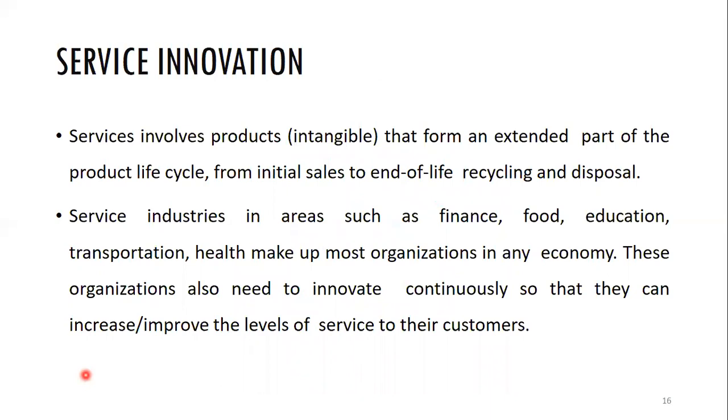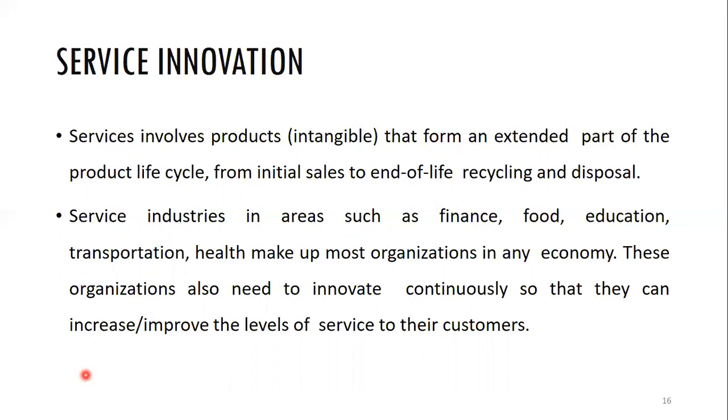Service involves products that are intangible. This is the keyword you have to highlight. That is, service involves intangible products that form an extended part of the product life cycle, from initial sales to end of life recycling and disposal.